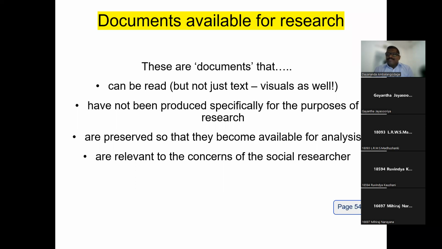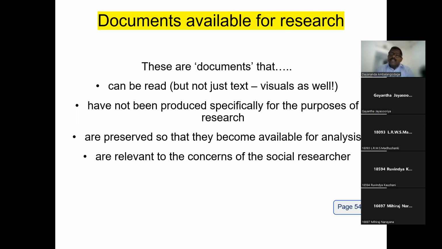Documents, not just text, explain certain kinds of activities that have taken place in the society. By studying those documents, we are trying to find out what has happened, what activities took place. So we don't see documents as just text, but we believe that documents tell us stories. That is the basic idea about the first slide.